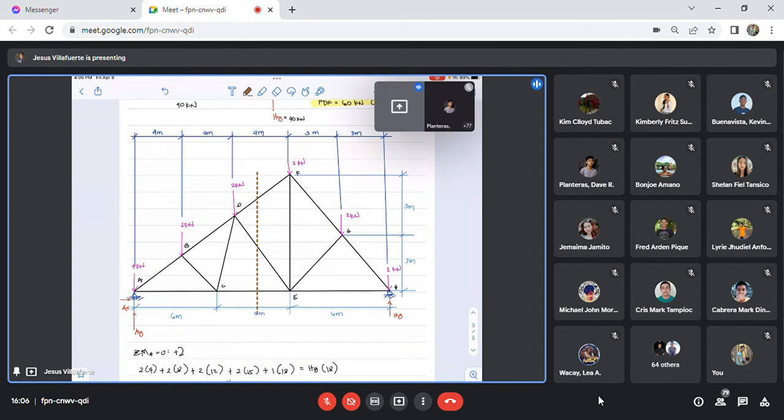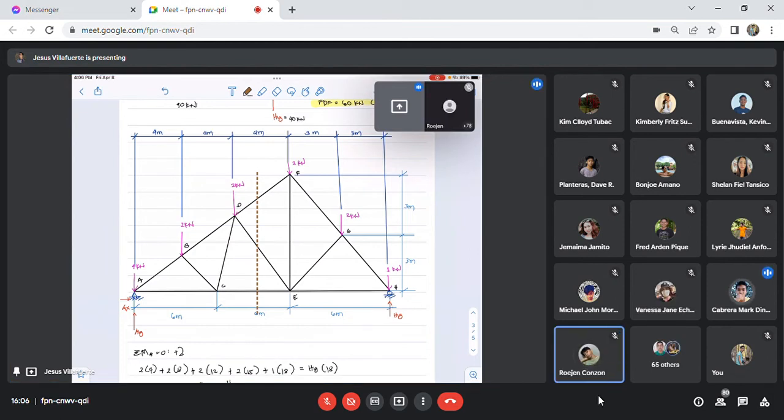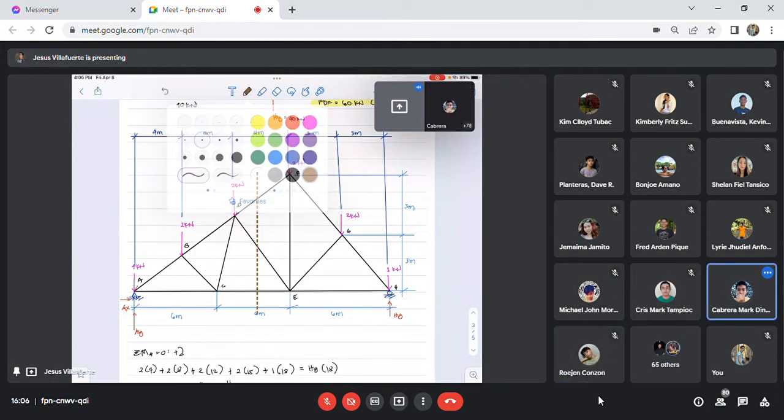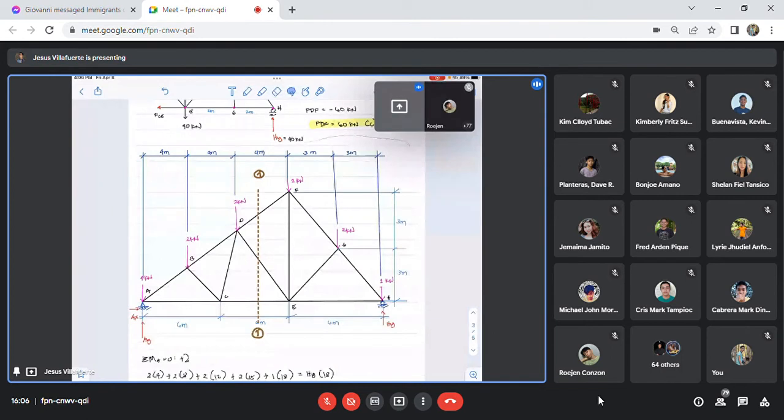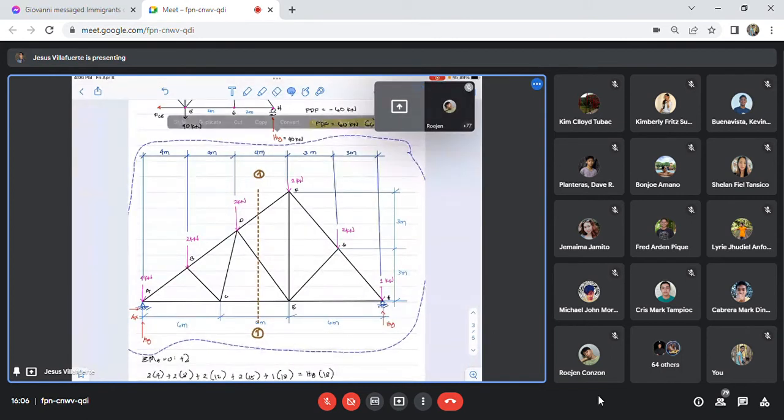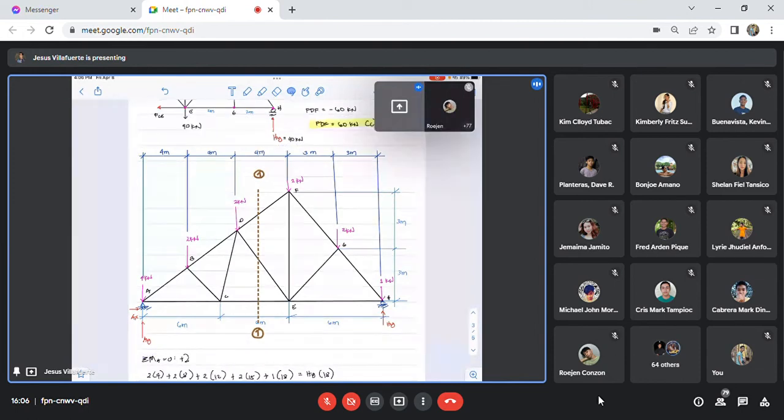Ato na siyang inanion kay para gamay ra kay tag drawing ngunon.